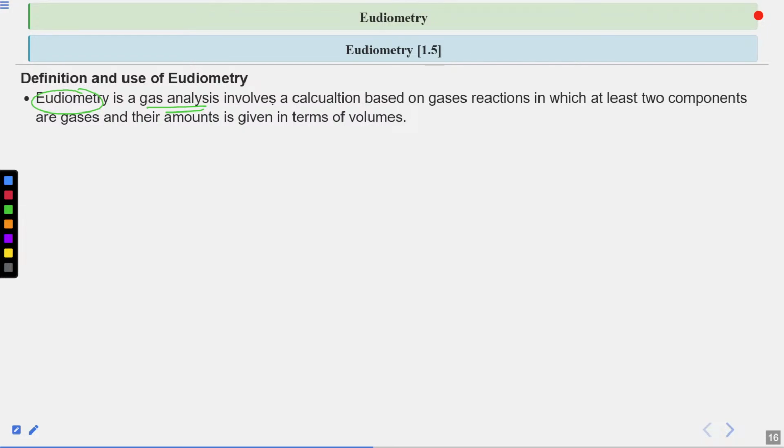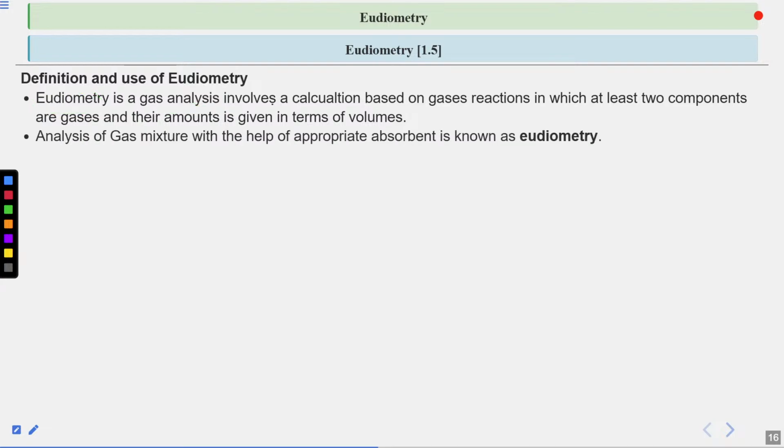So eudiometry is related to that thing, and we do it with the help of volume. And this analysis of gas mixture with the help of appropriate adsorbent is called eudiometry. Okay.